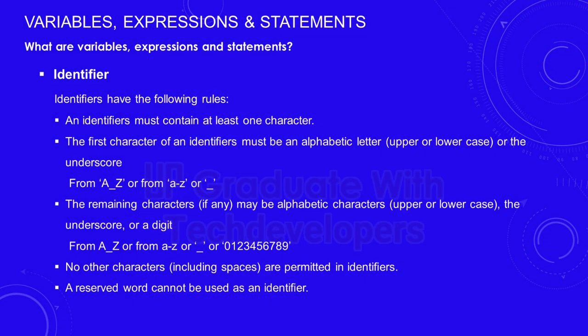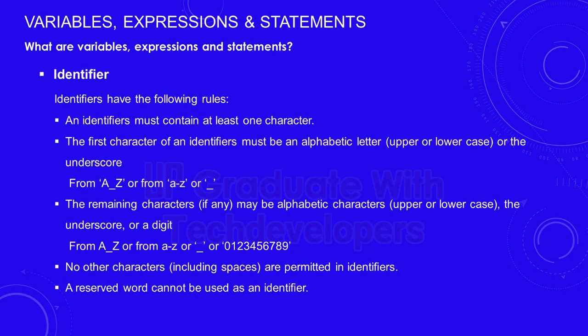Identifiers have the following rules. Let us see them one by one. An identifier must contain at least one character. The first character of an identifier must be an alphabetic letter, whether uppercase or lowercase, or it must be an underscore.